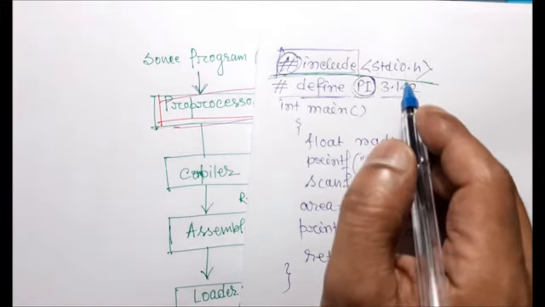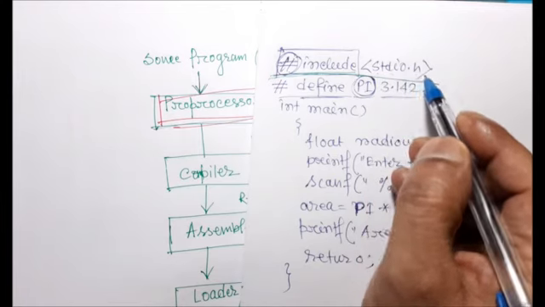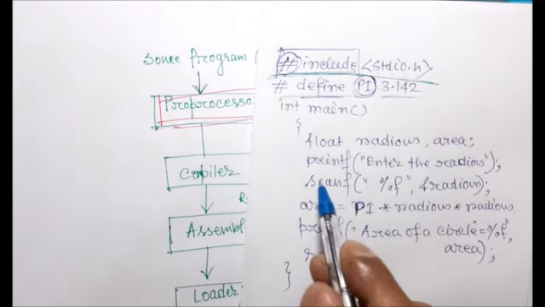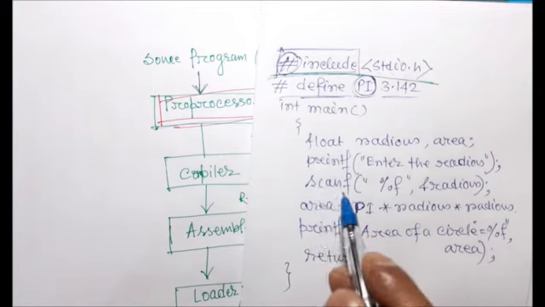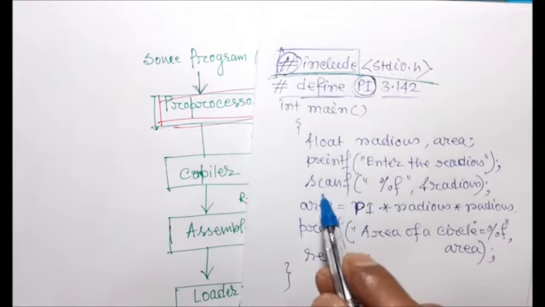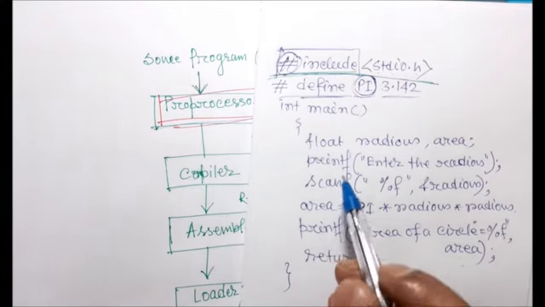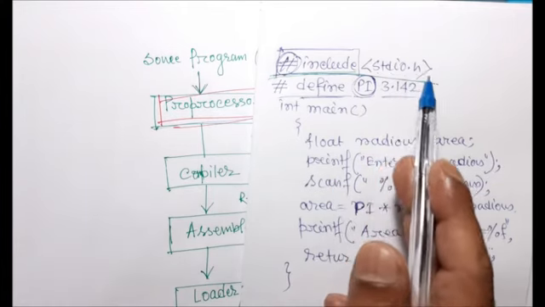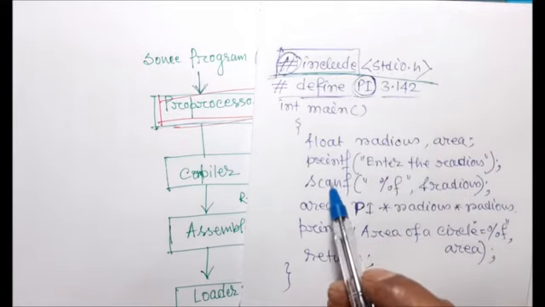We already know the meaning of stdio.h, the standard input output header file, because here we are going to use the printf function and also the scanf function. Those functions have been written in the stdio.h header file, because they are related to input output operations.